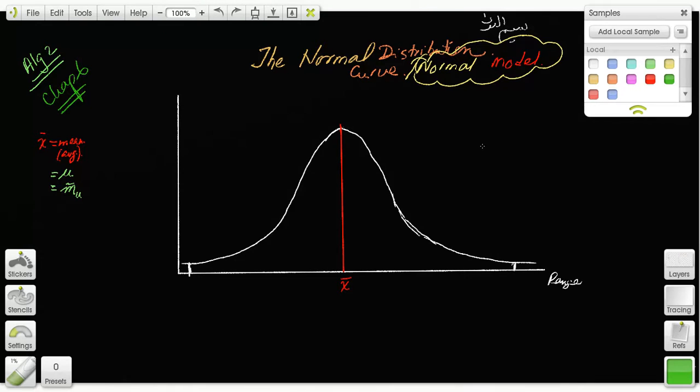Empirical rule has to do with the distribution of data in this bell curve. Now we already know that since the bell curve is symmetrical, half of the data will be on this side, and half of the data will be on this side, right? It's perfectly symmetrical. And also recall that this is a probability distribution.